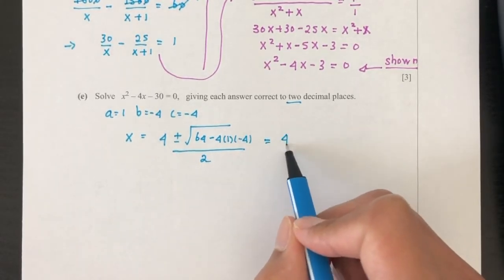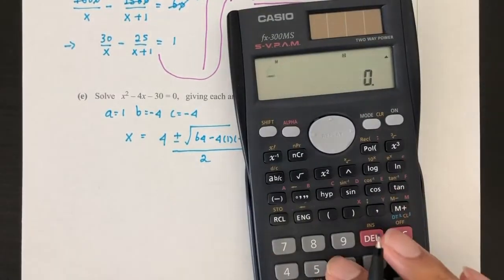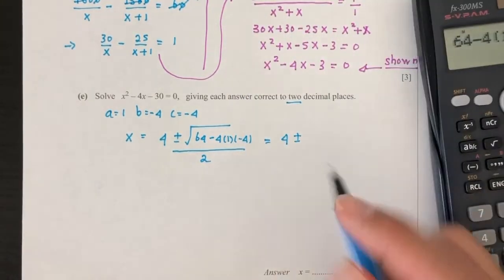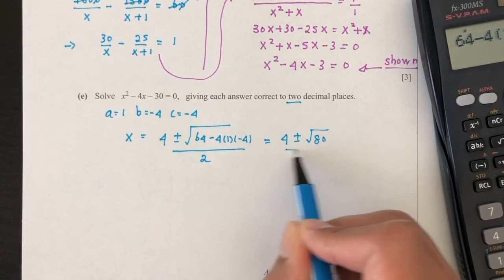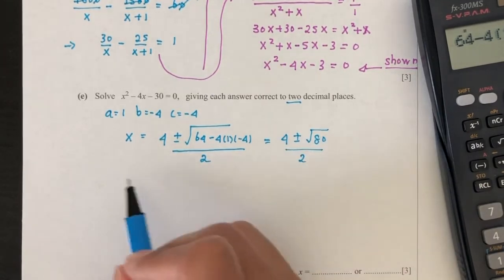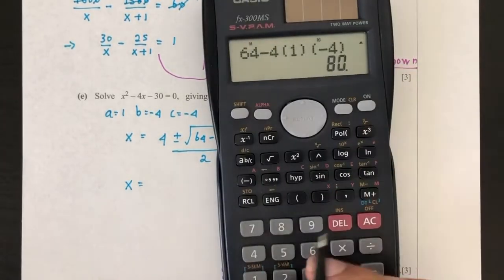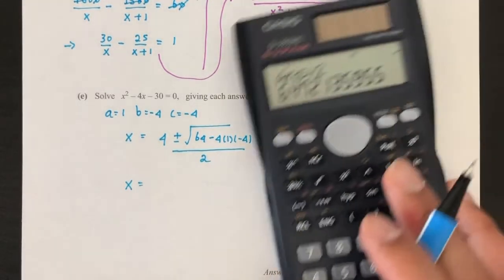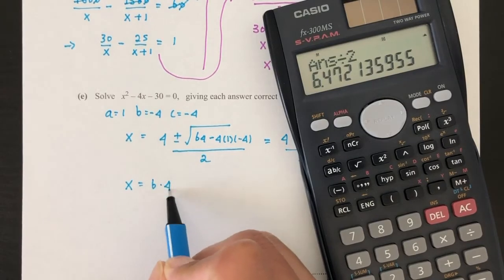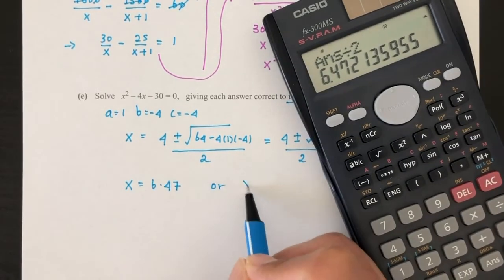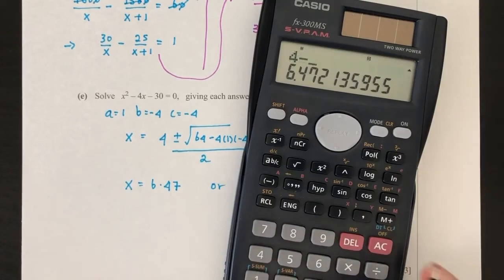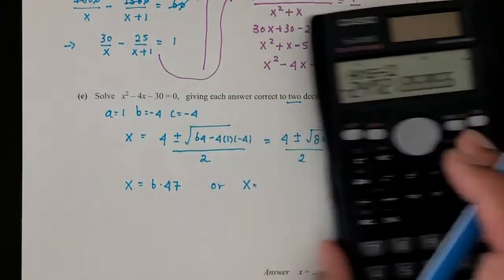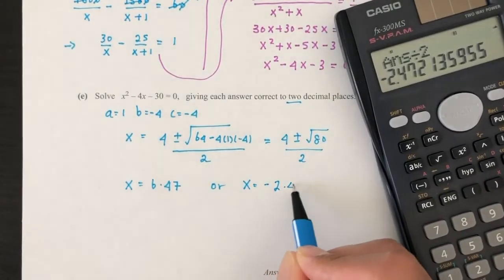If you simplify, 4 plus or minus the root of 64 minus 4 times A times C. That will be root of 80, divided by 2. So x will be equal to 4 plus root of 80, divided by 2, that will be 6.47, or it can be 4 minus root of 80, divided by 2, that will be minus 2.47.